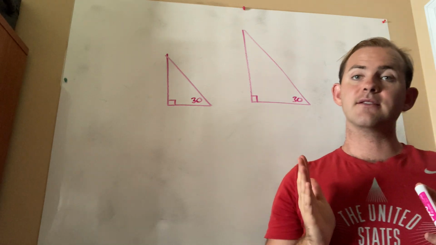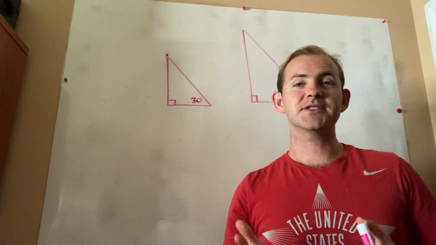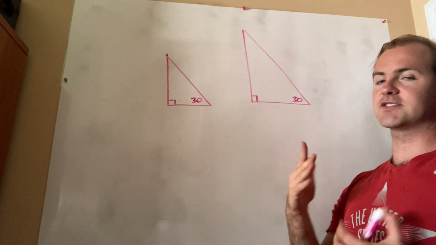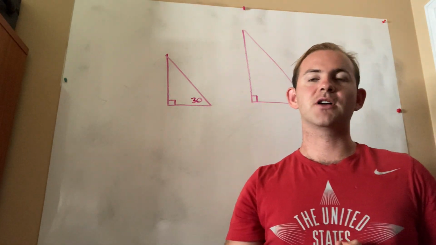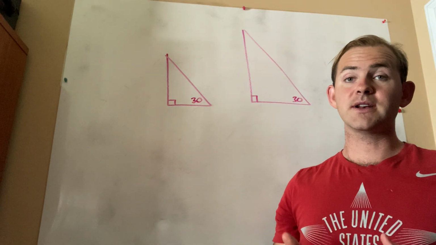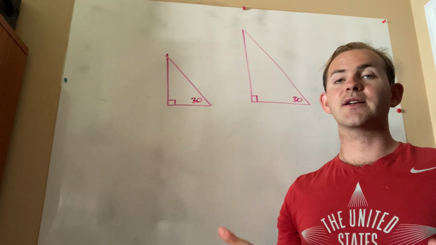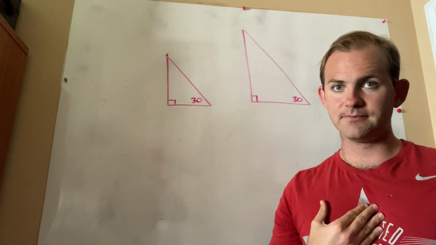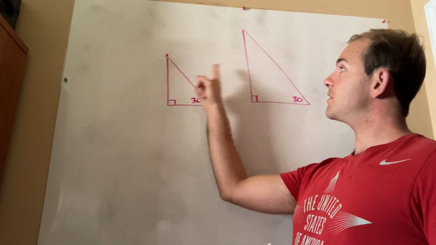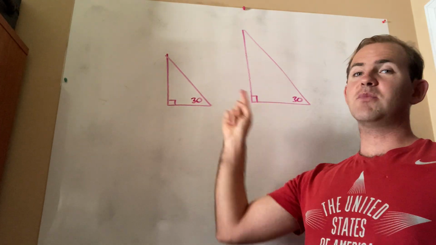And then in the vast majority of problems, they're also going to give us one of the acute angles. In this case, I've just chosen 30, because it's one of the more common ones we're going to see. And notice that that alone is enough to prove that these two triangles are similar by angle similarity, and thus that means that their corresponding sides are proportional.